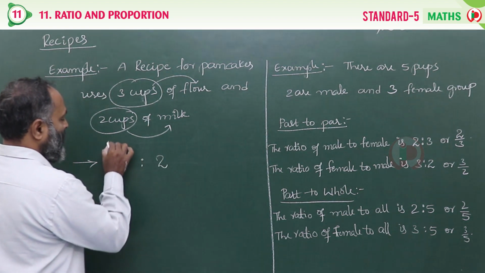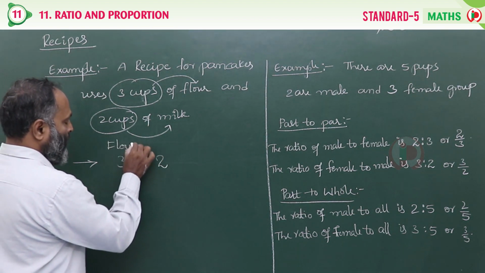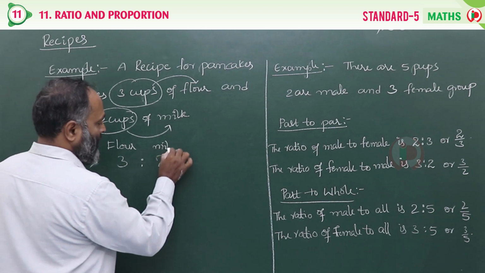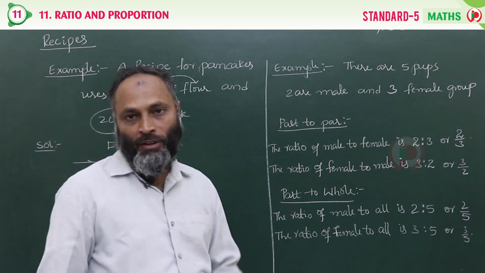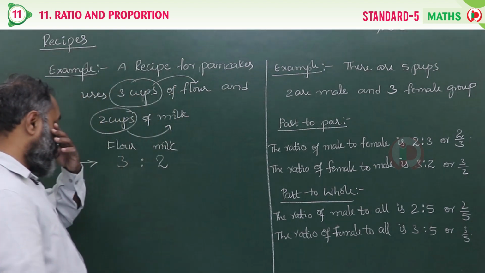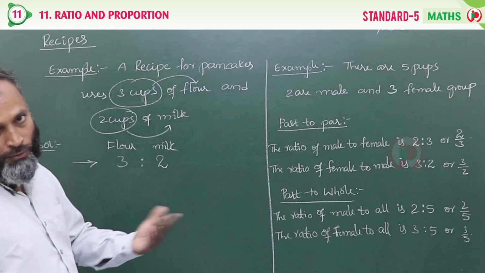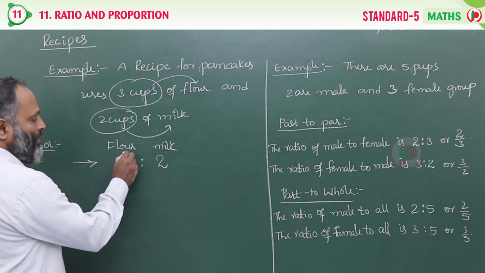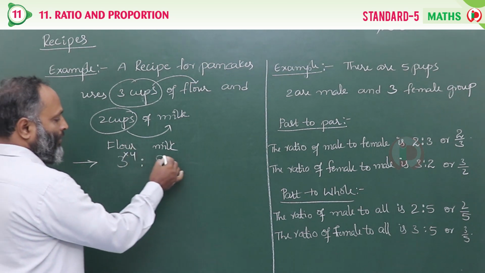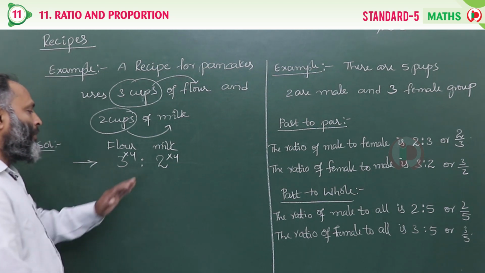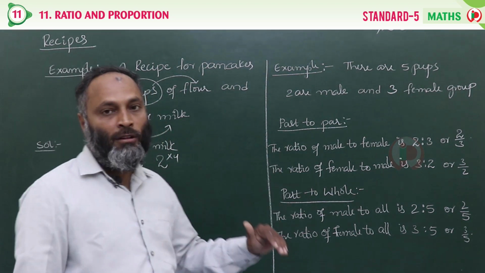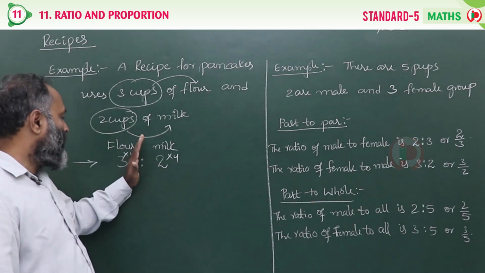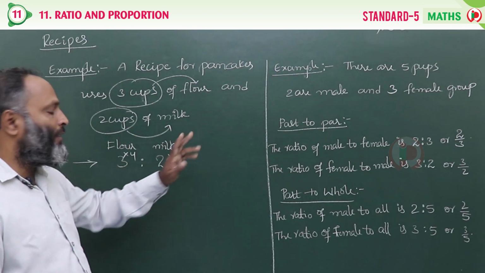This is flour, and this is milk. For 3 cups of flour we need 2 cups of milk. If you increase the flour and milk 4 times, then we should multiply flour with 4 and milk quantity also with 4. Why?